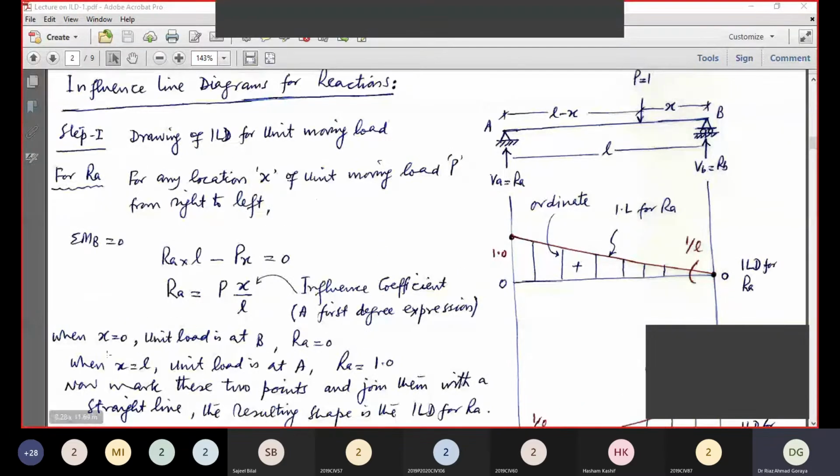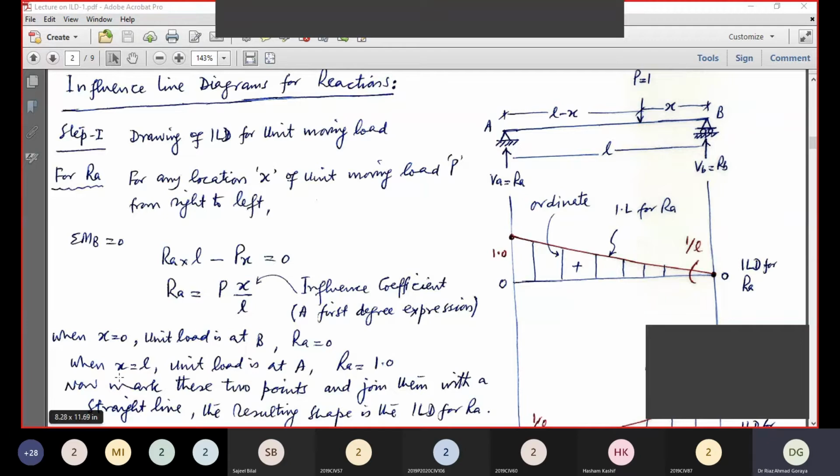Now, when x is equal to 0, it means this unit load is at B. Using this same equation, RA will be 0. यही इक्वेशन यूज करनी है और डिस्टेंस आपका x कहां से वेरी कर रहा है? 0 से L तक. When x is equal to 0, that means unit load is at B. RA is equal to 0.